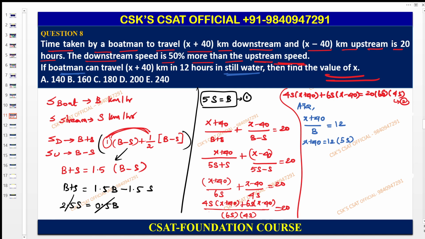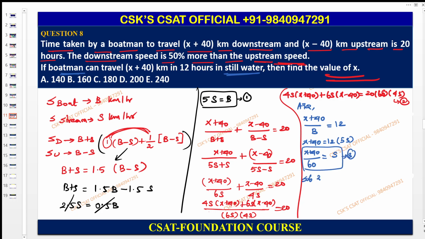Now cross multiply that denominator. So when you are cross multiplying, it becomes 4s into x plus 40 plus 6s into x minus 40, which is equal to 20 into 6s into 4s. So keep this as equation number 2.